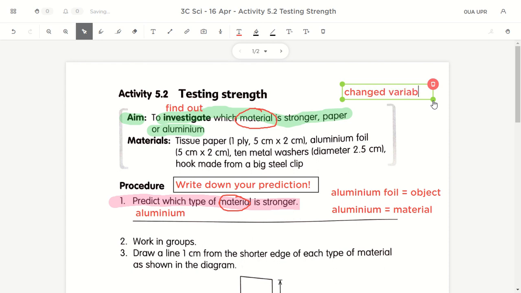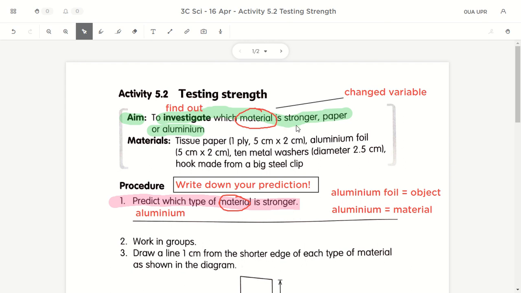Everything else should be kept the same. Okay, so in every experiment, there's only one change variable, and this change variable is the material. I'm changing between paper and aluminium. Everything else I keep the same. I keep the clip the same, I keep the washer, the size, the shape, everything the same. The only thing I change is my material.